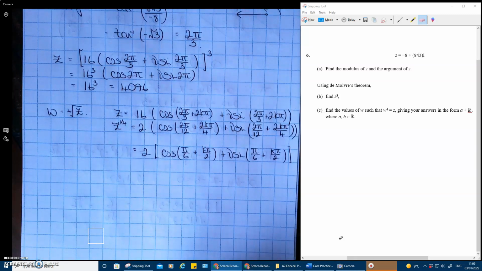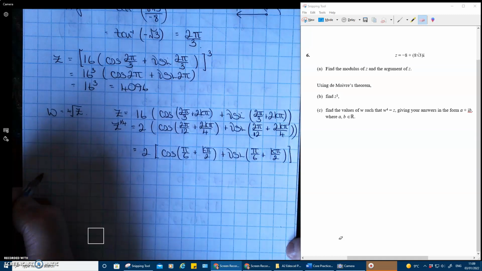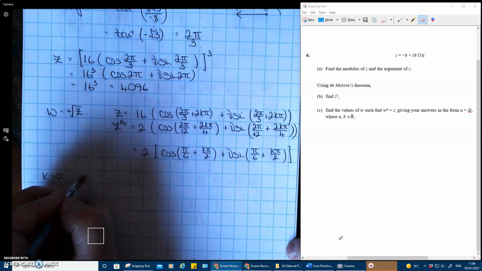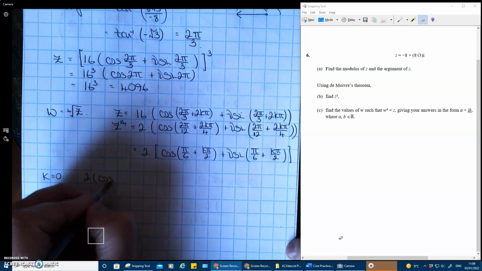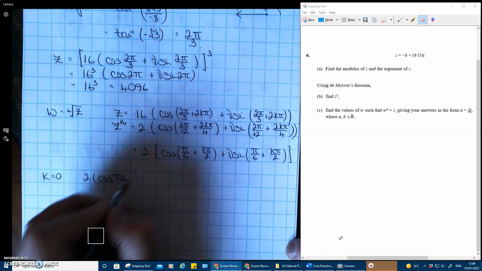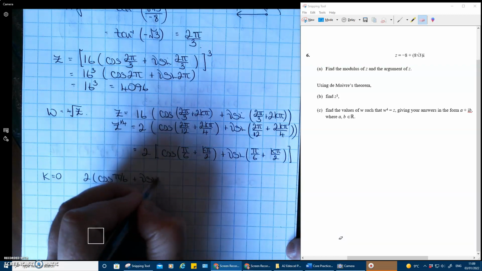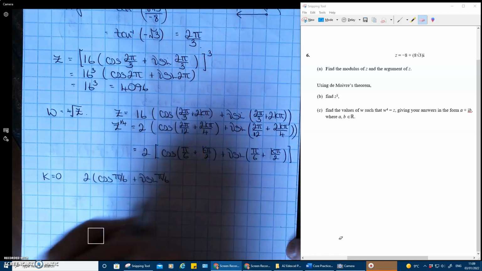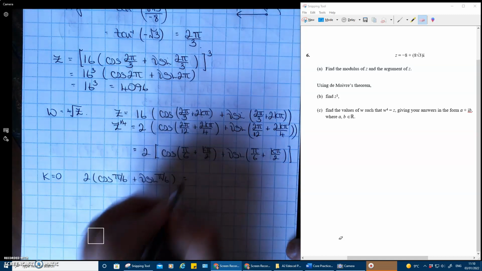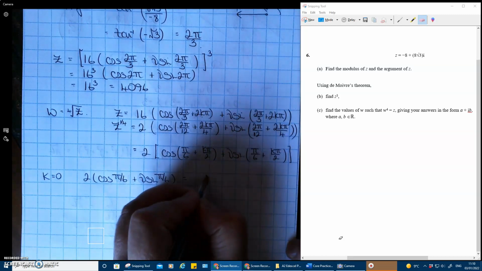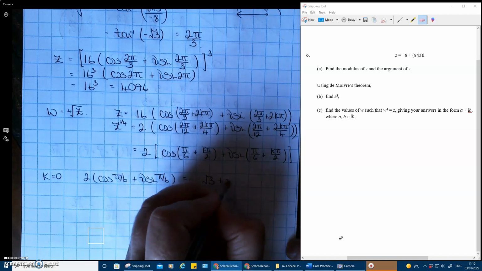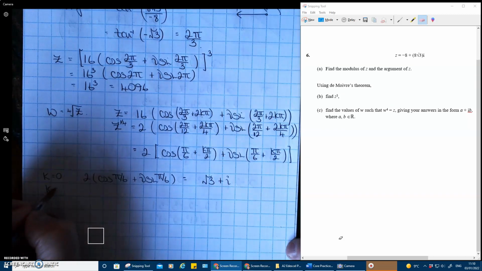Okay, now I've just got to put different values of k in. Well, always start with k as 0 because it's easiest. So I get 2 cos pi by 6 I sine pi by 6, which equals root 3 plus I. I put k as 1 in.